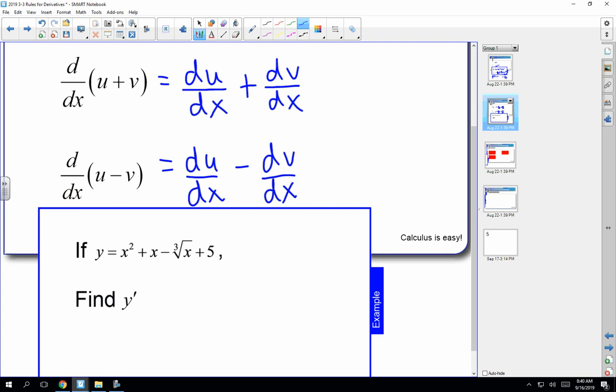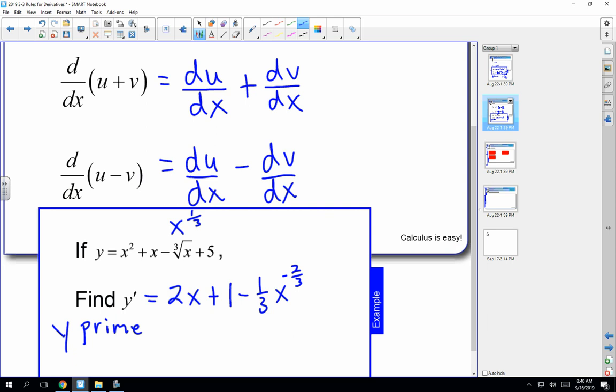So y prime, this is another way of saying dy dx. We call it y prime. Y prime would be equal to the derivative of x squared, which is 2x. And then the derivative of x is just 1. And then we might want to think of the cube root of x as x to the 1/3 power. So its derivative will be minus 1/3 x to the negative 2/3 power.